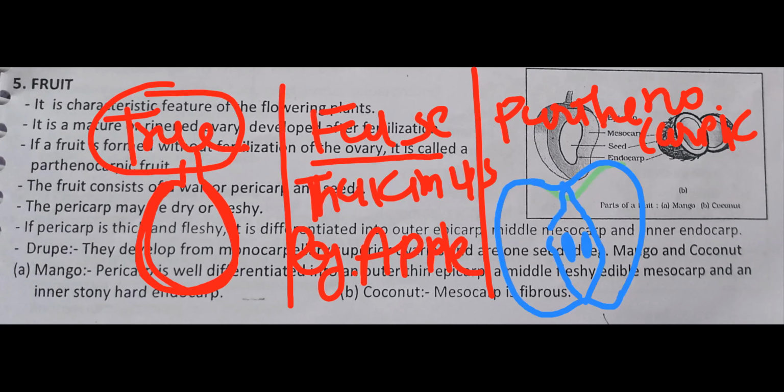Have you observed this? So this much part in which the seeds are enclosed is actually the ovary. This part, which is the main edible part, is actually the thalamus.